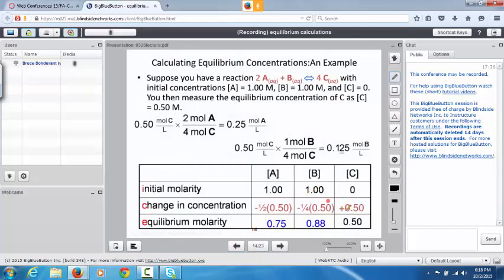And then, if you know just one of these at equilibrium, and you know the starting concentrations and the stoichiometric relationship, you can get the others.